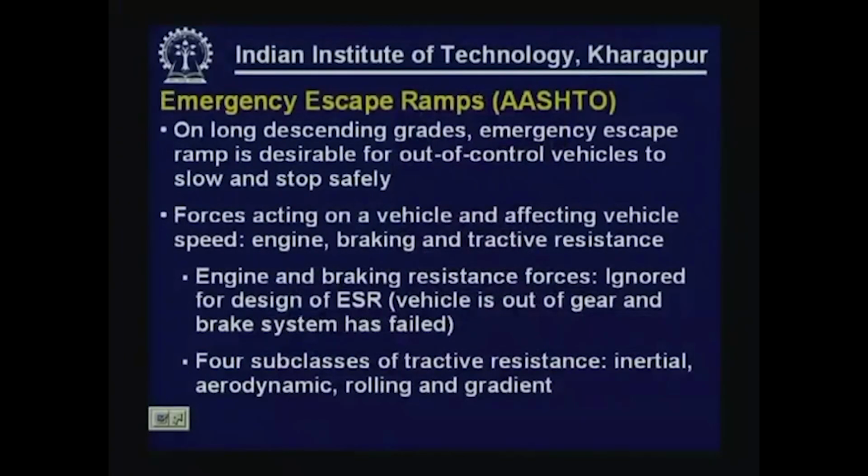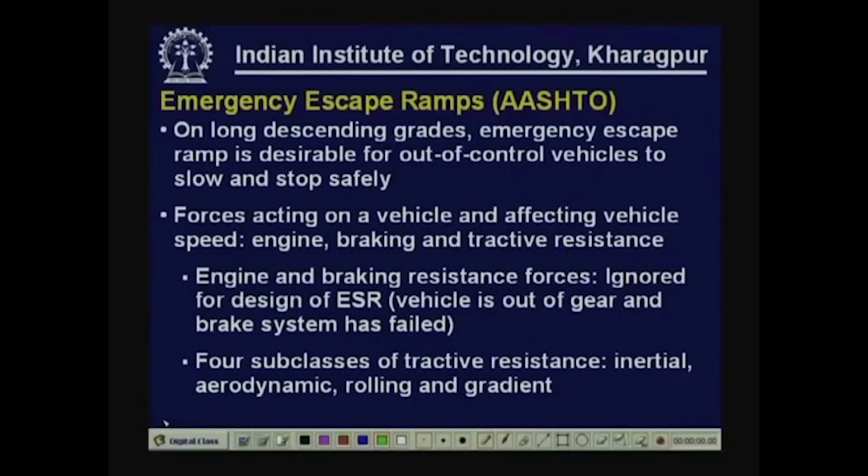Now, let us see, on long descending grades, emergency escape ramps are desirable for out of control vehicles. All we are talking about is tackling out of control vehicles. While negotiating a downgrade, there could be brake failure.